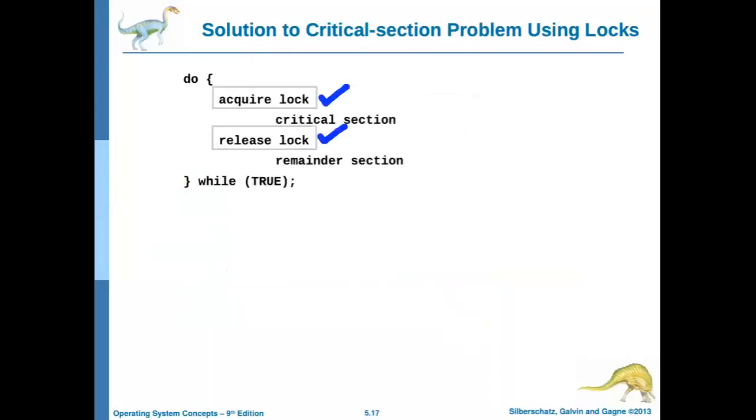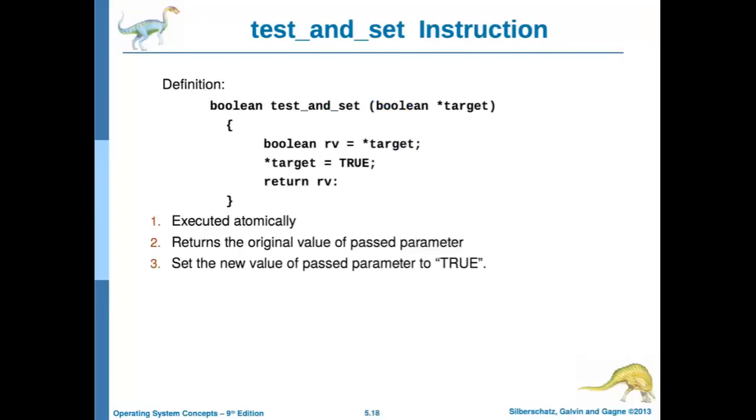As I mentioned previously, disable interrupt and then enable interrupt won't work with multiple processors. So for acquiring and releasing a lock, we can utilize hardware instructions supported by the processor, for example, test and set.